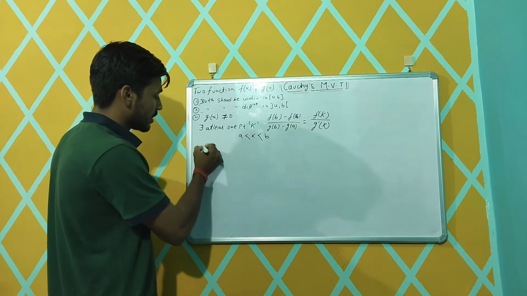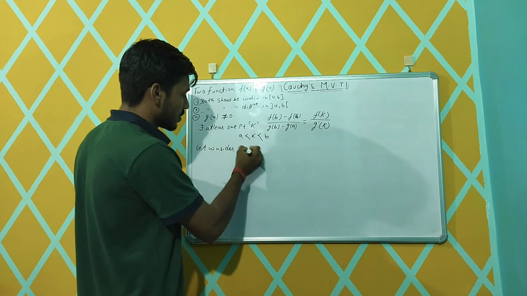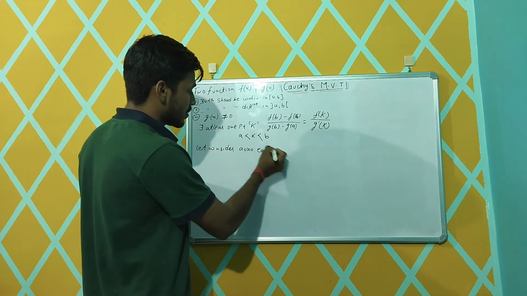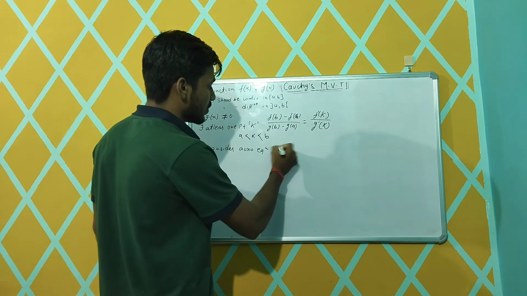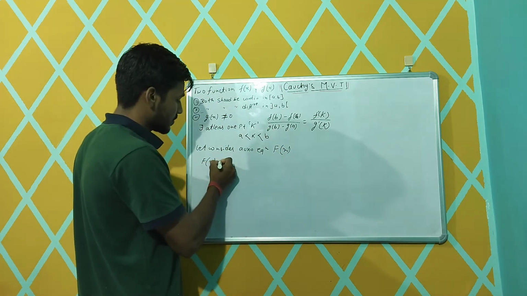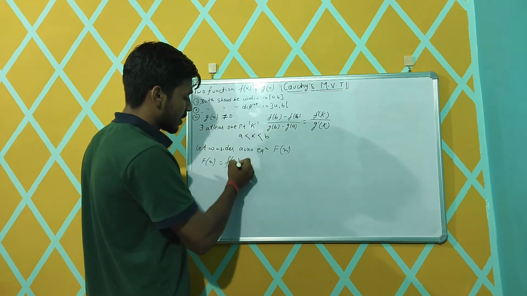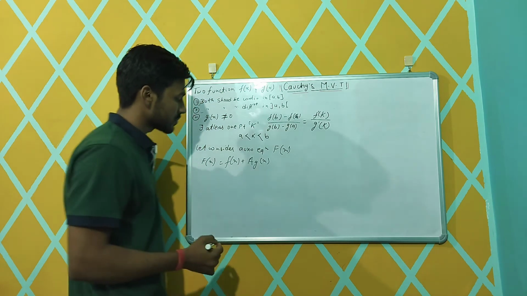Now we will consider an auxiliary function. Let's consider the auxiliary function capital F of x, which is defined as small f of x plus a times g of x.